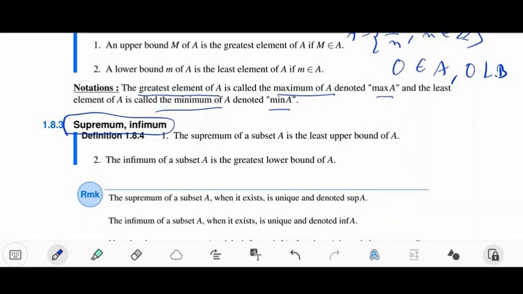So the supremum, as I said, is the least upper bound, and the infimum is the greatest lower bound. So 0 here is the greatest lower bound. It's the greatest number that is still a lower bound of A. So 0 is equal to the infimum of A, and from the other side 1 is equal to the supremum of A, because it's the least upper bound.